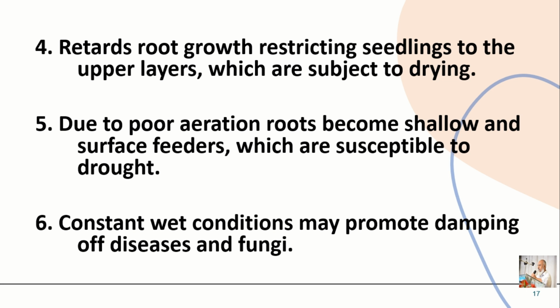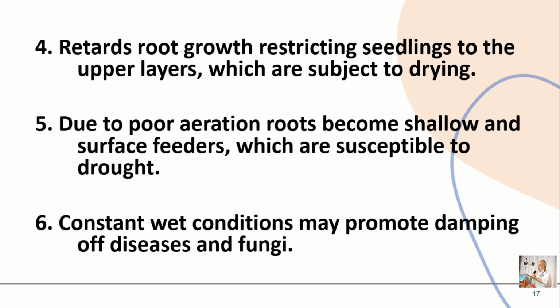Constant wet conditions may promote damping of diseases and fungi. Whenever conditions are damp in the soil, you could see that farmers do not irrigate or keep the field saturated because they know that wilting occurs. To give you an example, this is a common example.